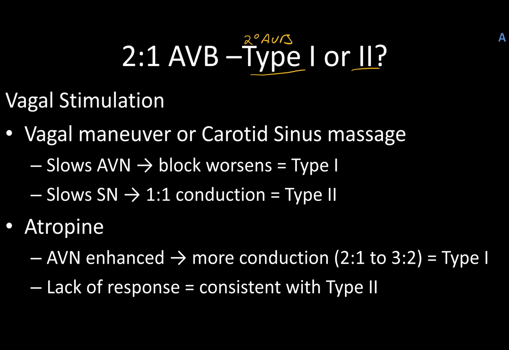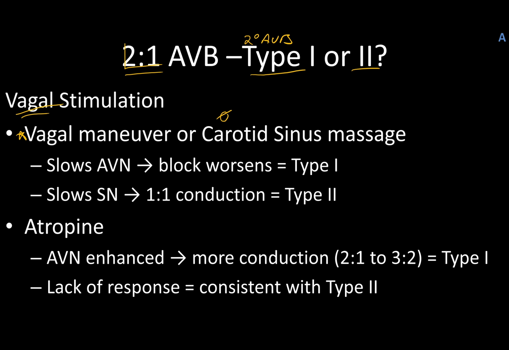If you have a patient who's got the 2-to-1 conduction ratio, the way to figure out if you're in Type I or Type II, the quickest and cheapest answer, of course, is to do vagal stimulation. You do the vagal maneuver, or you can do a carotid sinus massage. I don't recommend that right away, or at least if you're not ready to do something a little more exciting in case it works too well.